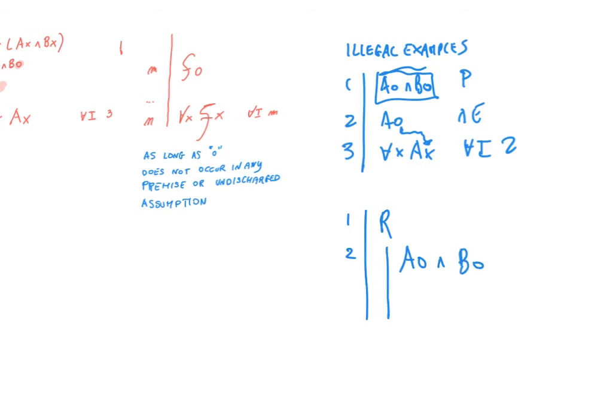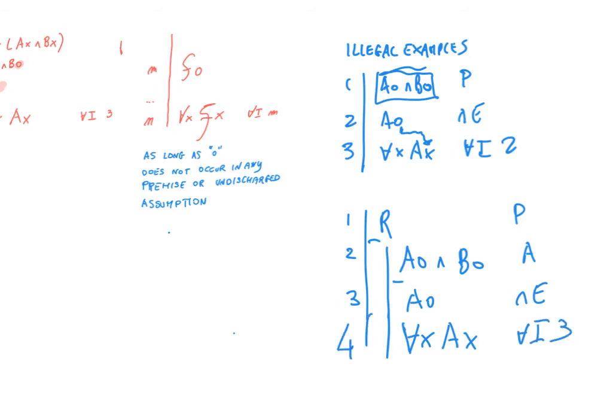Here R was a premise, this is an assumption, and now I say, oh, I'm gonna derive AO in the subproof, and then I'm gonna derive for all x, A of x. And the same reasoning as before. This is bad reasoning because I am using a constant O in my universal introduction that actually appeared in an assumption.